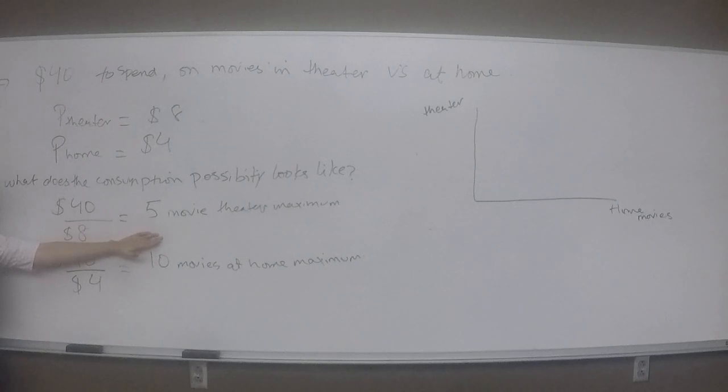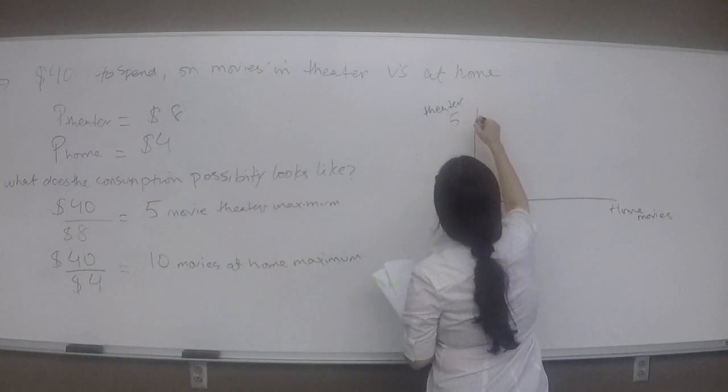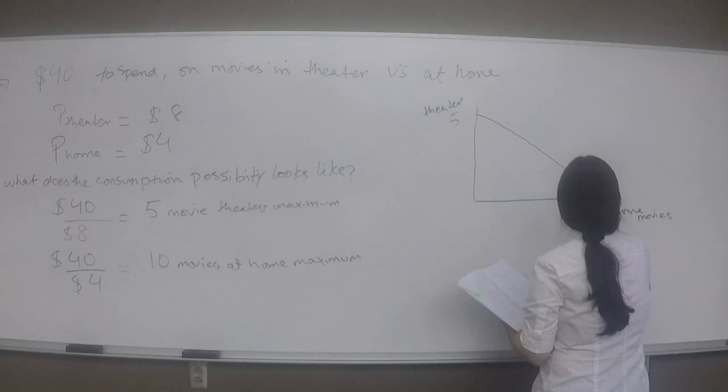If you use all of your income on watching movies at home, it costs you $4 per movie. 40 divided by 4, you can watch 10 movies at home for $40 income. So for the budget line, the maximum for theater is 5, and for home, it's 10.